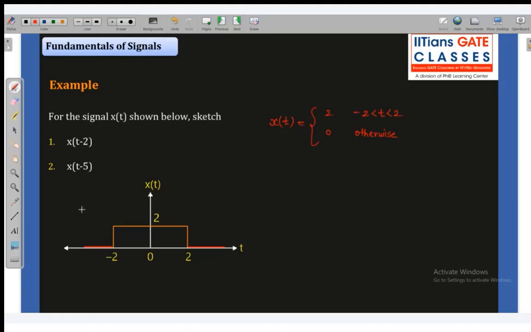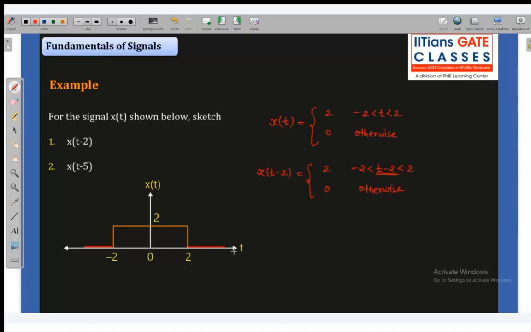Got it? Now, I said replace t by t minus 2 and you will get your delayed signal. Replace t by t minus 2 everywhere. Okay, 0 otherwise. This shows that the axis is t minus 2.